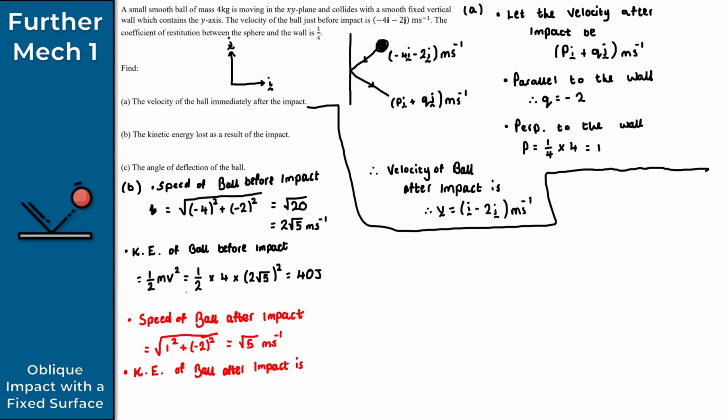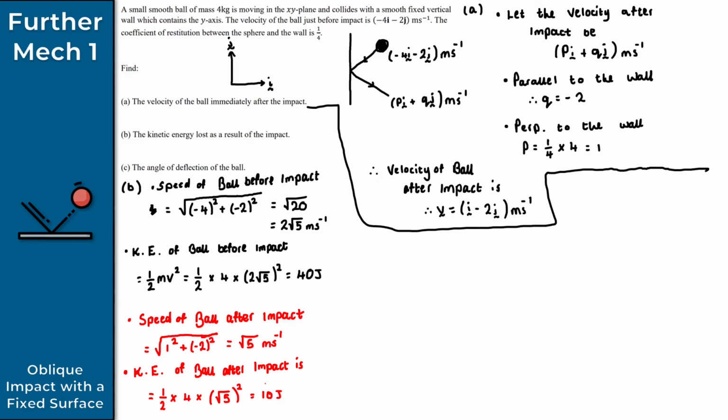Again, it's just simply an application of a half mv squared. So I get a half times the mass here, which is again 4. I've got half times 4 times root 5 squared. Root 5 squared is root 5 times root 5, which is just simply 5. Times that by 4, I get 20. Divide that by 2, and we get 10 joules here.